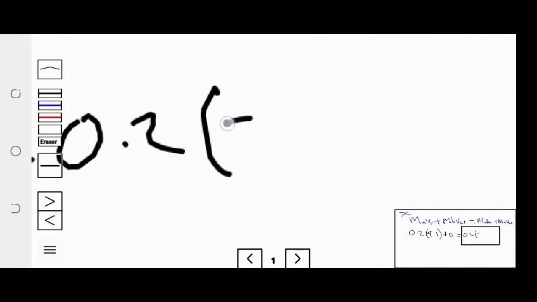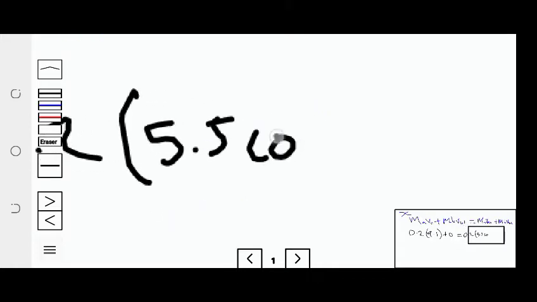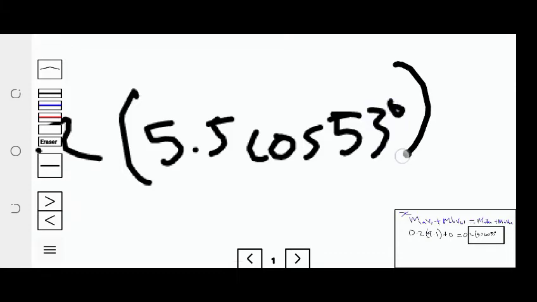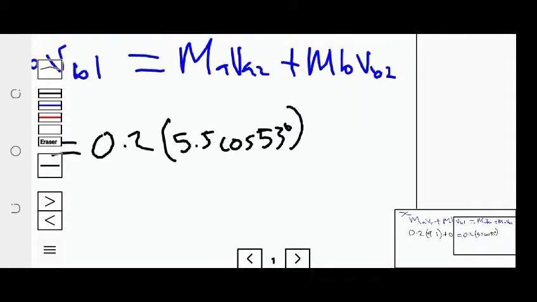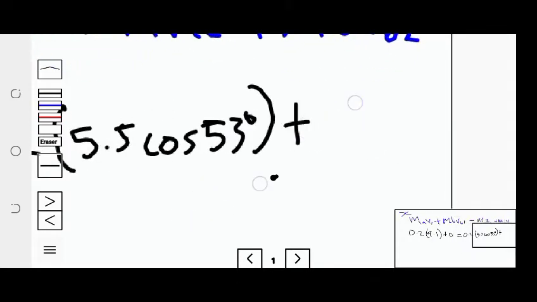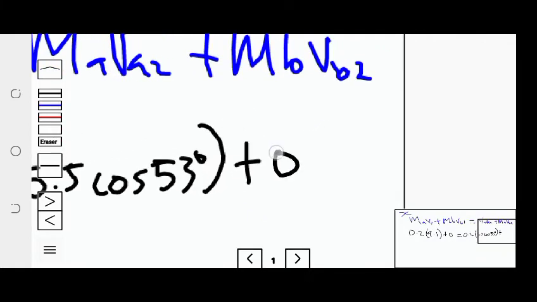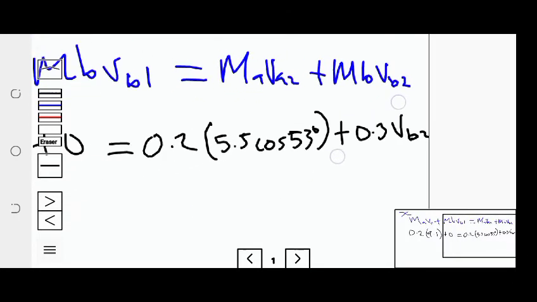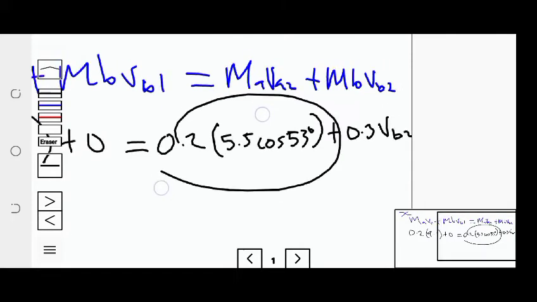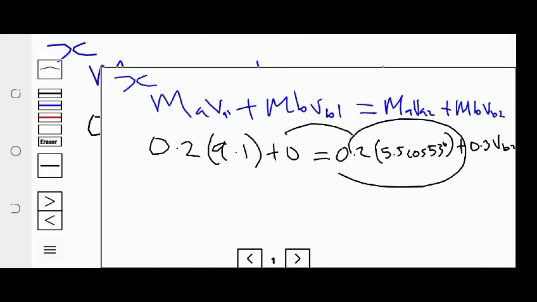Therefore, you're just going to get the x component of 5.5, and then here we're going to add plus mb, which is 0.3 multiplied by our variable of interest. So let's just find the value of this, take it to the other side, and then we do the mathematics here.